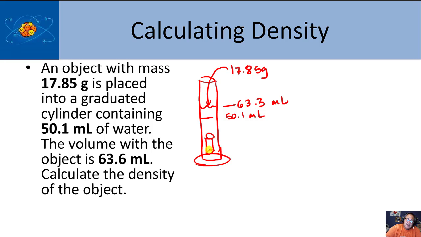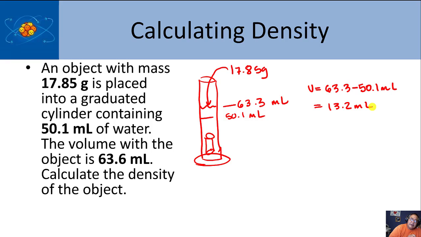So the difference in volume gives you the volume of the object. To calculate it, we take 63.3 and subtract 50.1 milliliters, and that gives us 13.2 milliliters.